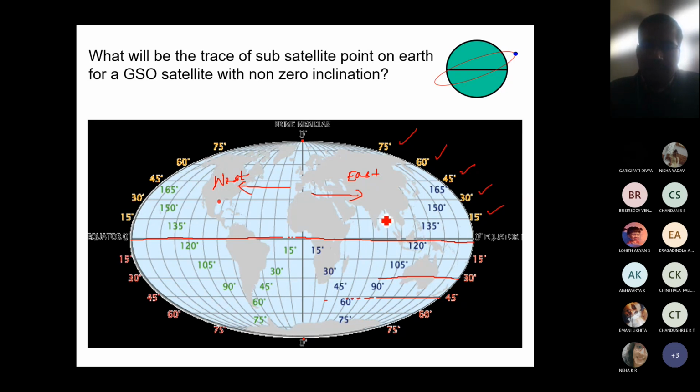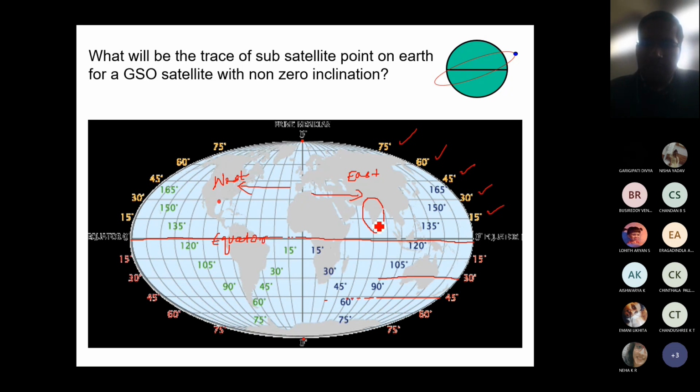But if you note here, our country, India, is located here, towards the north of 0 degree latitude. 0 degree latitude is called the equatorial line. This is called the equator. Equator means the line of 0 degree latitude.